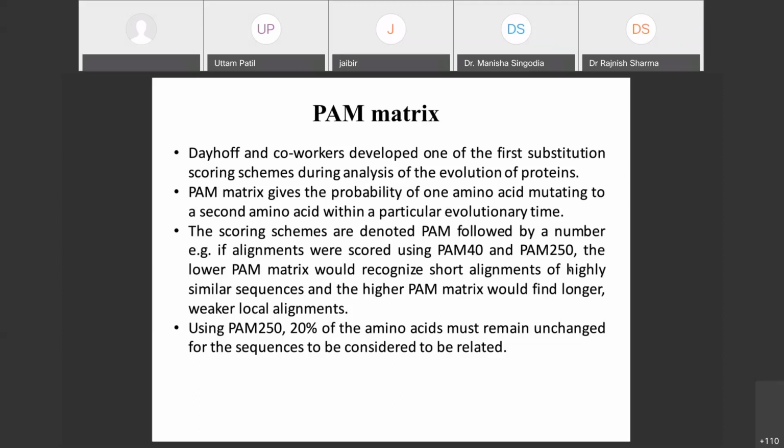So the lower PAM matrix would recognize short alignments of highly similar sequences. It is important: short alignments of highly similar sequences, and a higher PAM matrix would find longer, weaker local alignments. So PAM 250. Here is the bottom line.